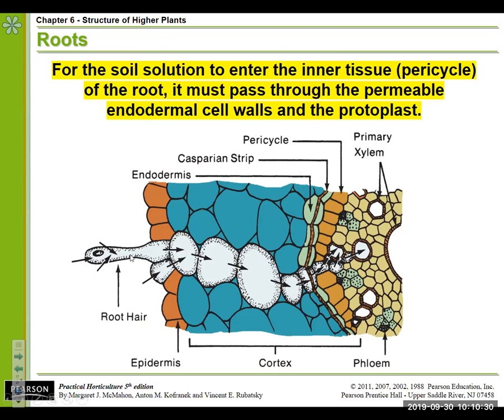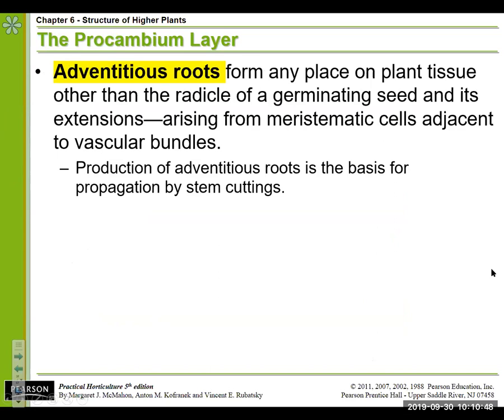So there's this pathway that allows the root hair to move this water and the nutrients dissolved in the water through cell walls, and eventually into the xylem and phloem. It's a complex process. We just need to know that it happens, and why it's important to have particular conditions that allow it to do that.